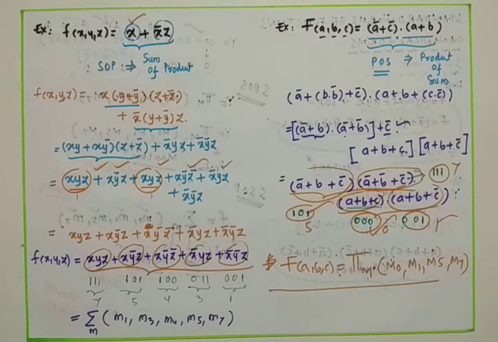Coming to the other form of the Boolean expression, that is called product of sum, in short POS. In total it is a product in which we have sum terms.